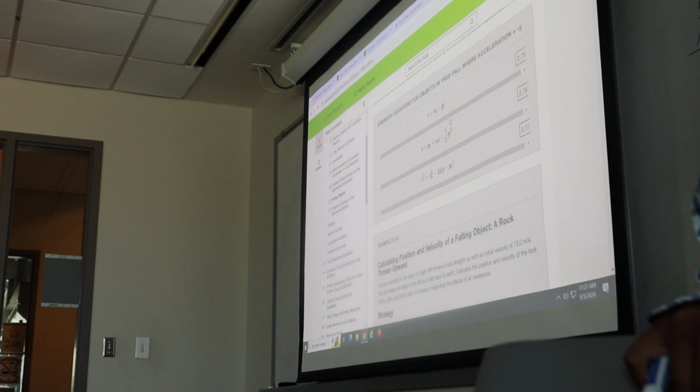Take for instance the third equation: I don't have my final Y, and I also don't have my final velocity. So it's going to be kind of difficult to have the final velocity and the Y put together. But if I find the velocity first, then I could plug it into that third equation.